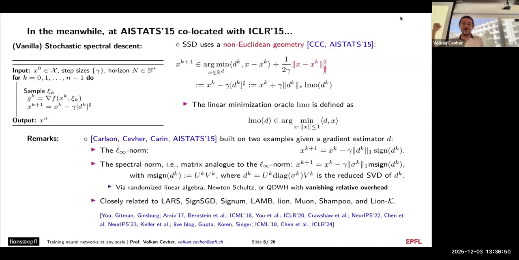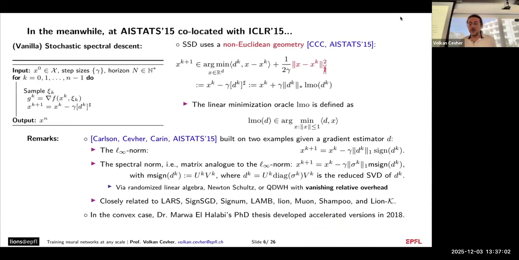Good. It turns out that this algorithm is very closely related to LARS, signSGD, Signum, LAMB, Lion, Muon, Shampoo, Lion-K. That came after. All right. Now, in the convex case, my PhD student and I developed the accelerated version for just convex minimization.